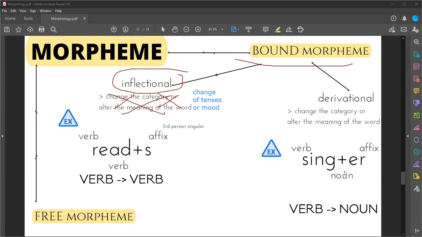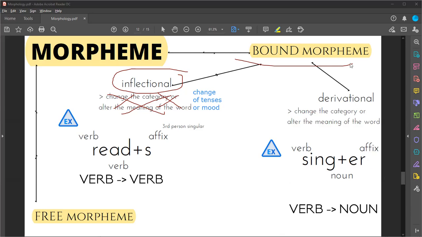It derives, just like you are creating another type of word from the morpheme that you put. Okay? So I hope everyone understands what is inflectional and derivational. Class? I hope that it is clear to you, okay?